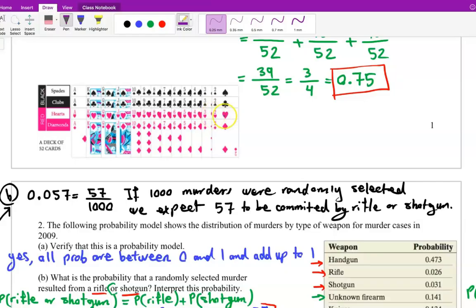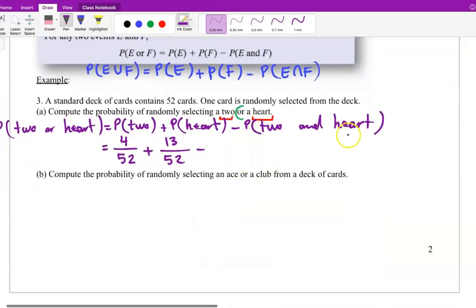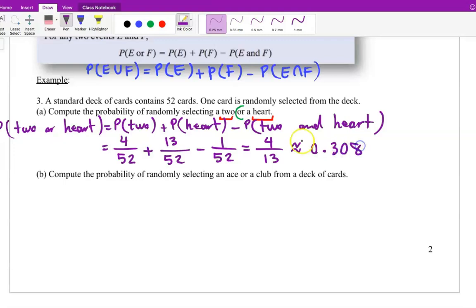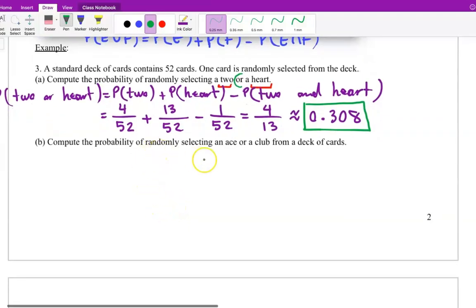See, this is only one card here. So we have 1 having both of these events. So it's 1 over 52 again. Add, subtract, it is 4 divided by 13. Rounding is 0.308. Now part B, compute the probability of randomly selecting an ace or club.